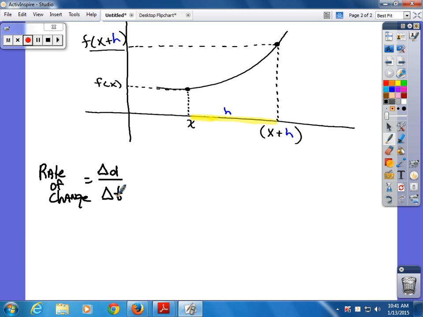Well, that's the same thing as your slope, and slope is equal to y sub 2 minus y sub 1 over x sub 2 minus x sub 1.